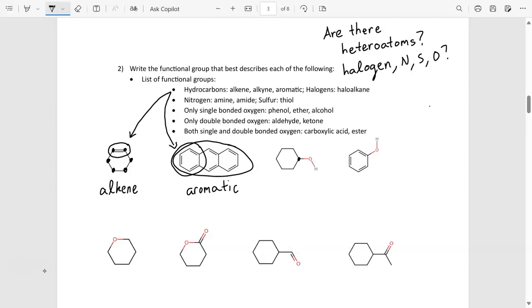And are there any other oxygens attached to that carbon that has the oxygen? So what's important is that I locate the carbon that's attached to the oxygen, and I locate the 2 carbons on either side. And I say, okay, I only see one oxygen atom, and that one oxygen atom is single bonded to a carbon.